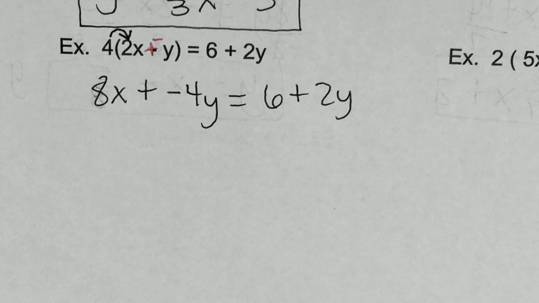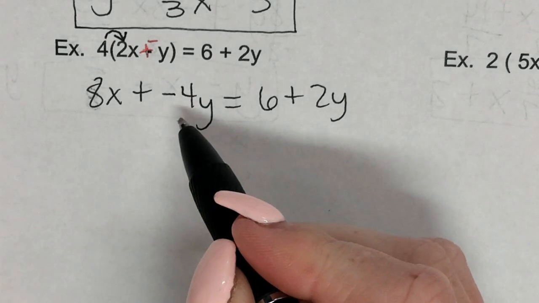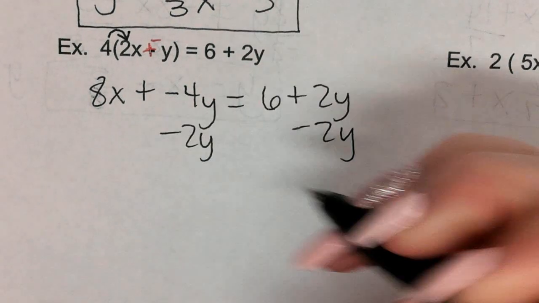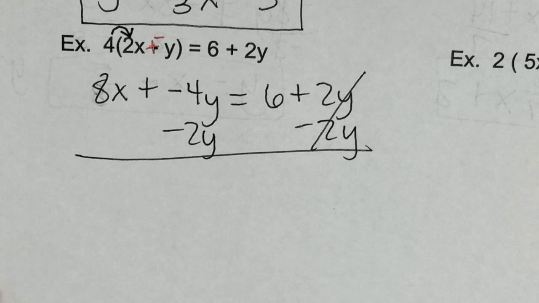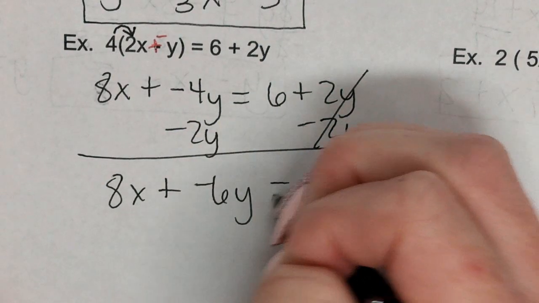What am I solving for? So do you think I should combine all the y's first? So I need to pull this y to this side. Does everybody agree? So I'm going to do that by subtraction. So I have 8x plus negative 6y equals 6.